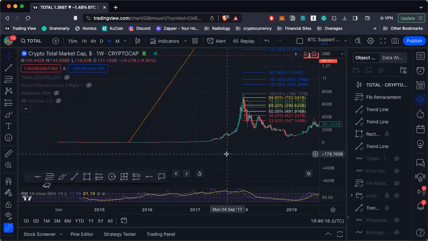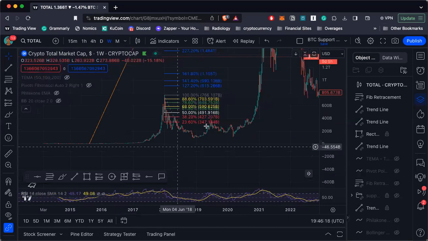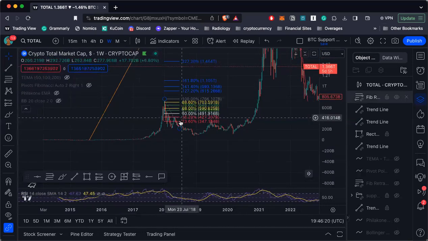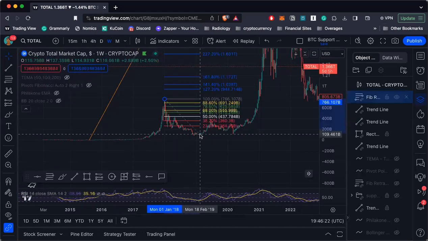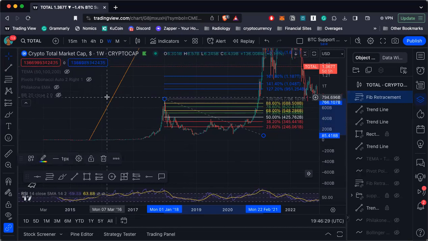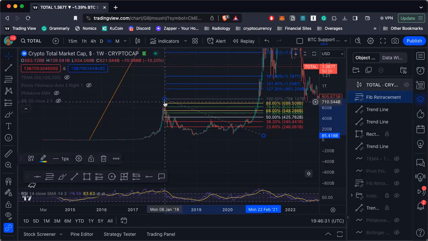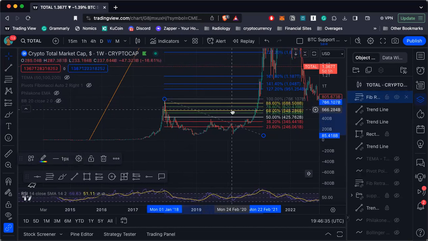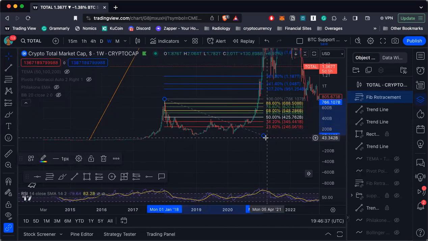Okay? All right. So let's now look at the fibs. We're drawing from the peak of the 2017, 2018 bull market, January, and we're drawing it all the way out over here.